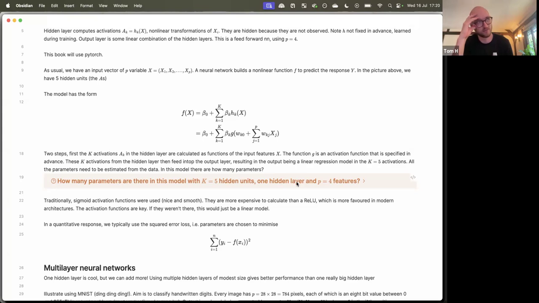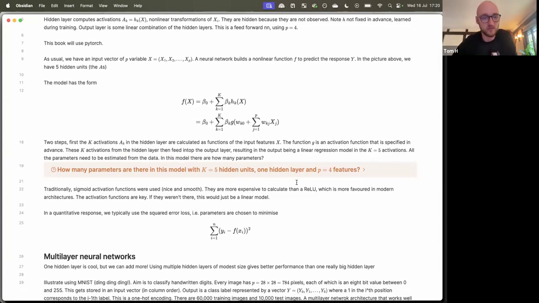You might call that tanh or than, depending on where you learnt maths. We also have ReLU functions, which is rectified linear unit, which is 0 if x is less than 0, and then goes up linearly, so it's equal to x if x is greater than 0. They're more favored in modern architectures because they're very quick to calculate. You can also build into your GPU or your CPU things that calculate that even quicker, so you're getting close to bare metal rather than having to evaluate sigmoid functions.